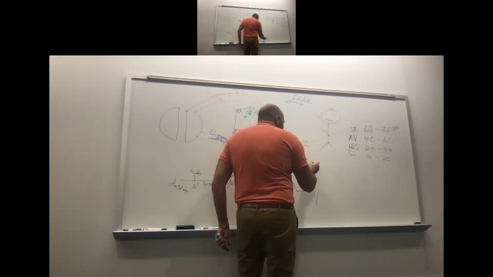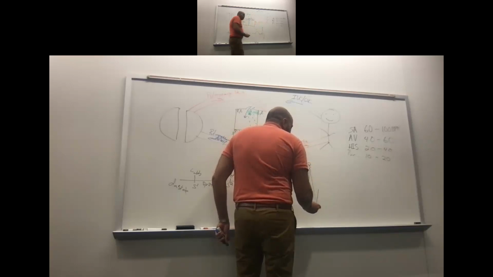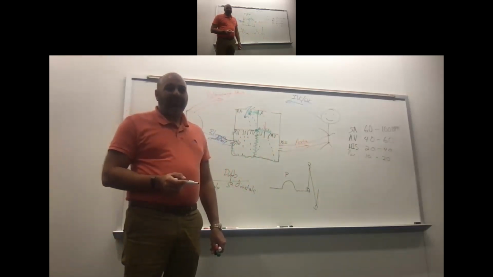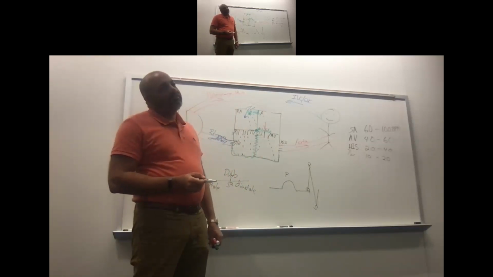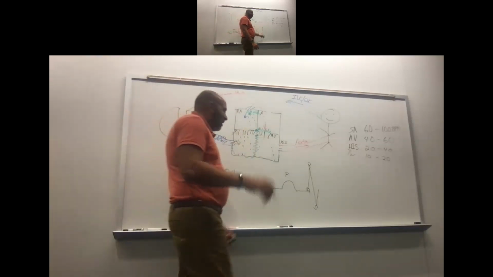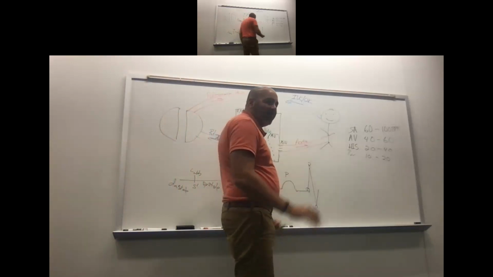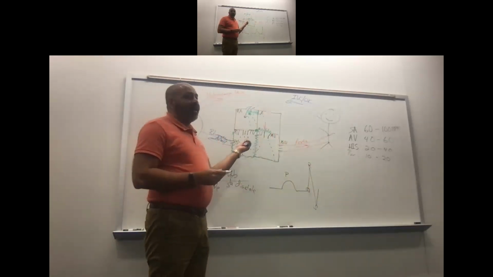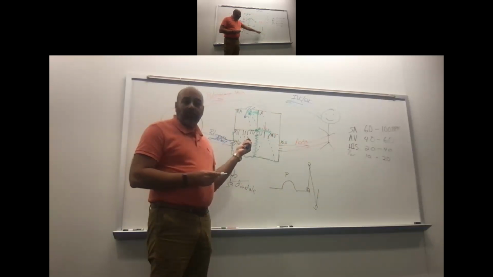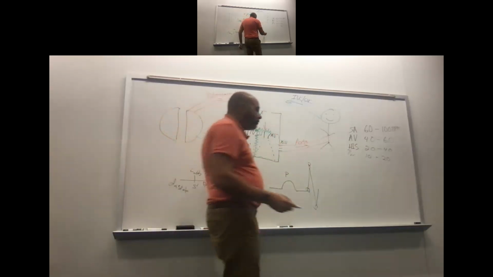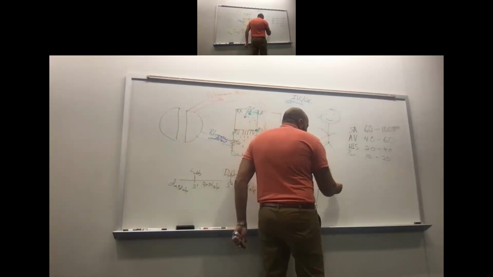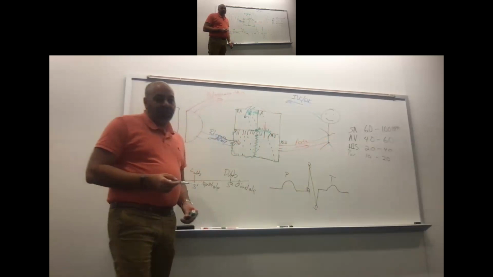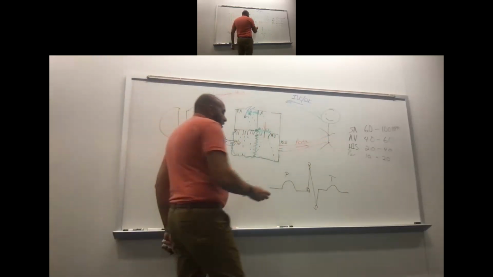Is that right? I feel like that's not right. If I have this in the wrong area, someone tell me. Okay, that represents contraction of the ventricles, very big. Then we have the T wave. T represents relaxation of the ventricles.